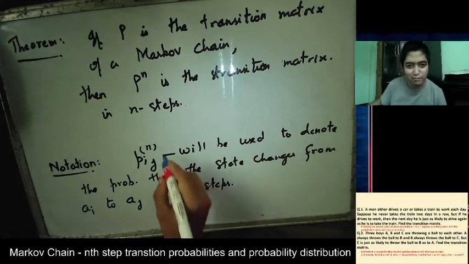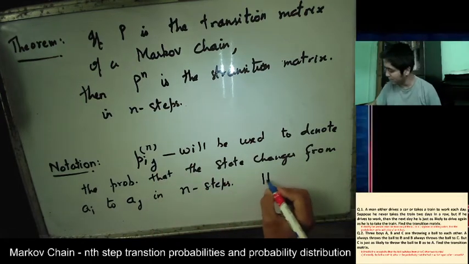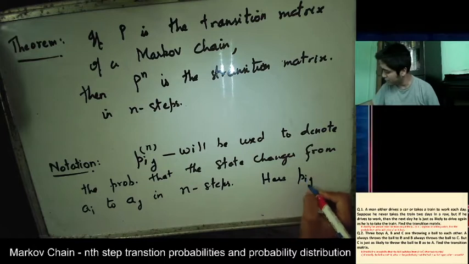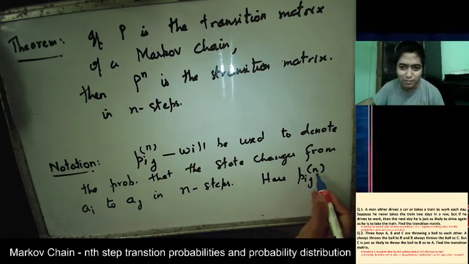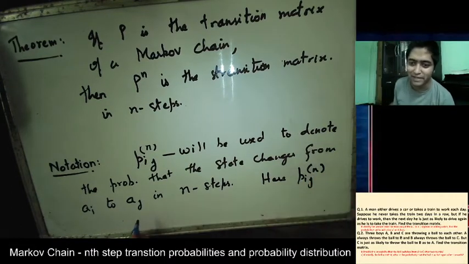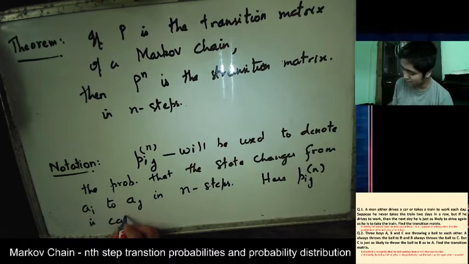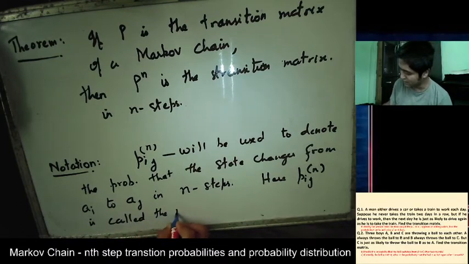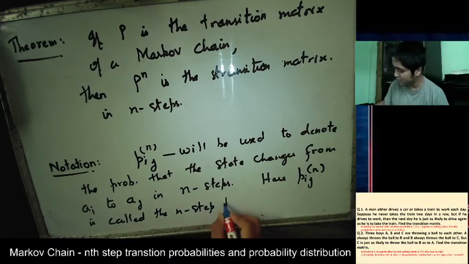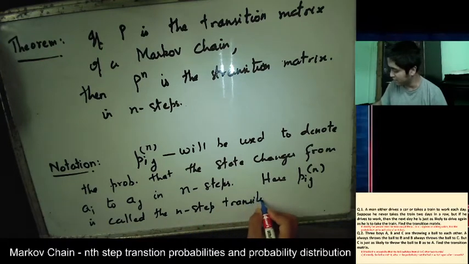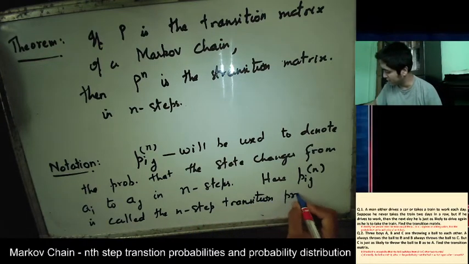Maybe I will just write down over here: Pij with n above, not power n, is called the n-step transition probability.